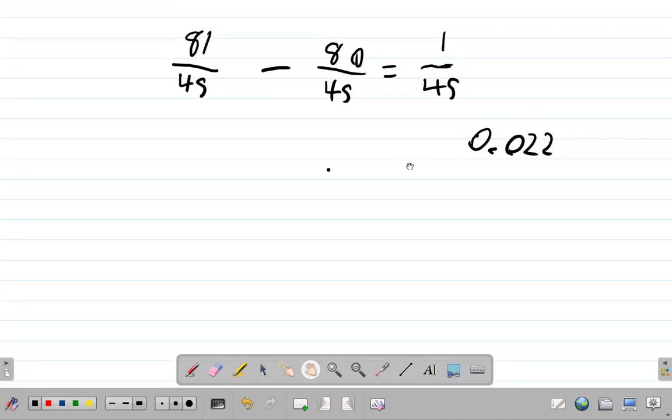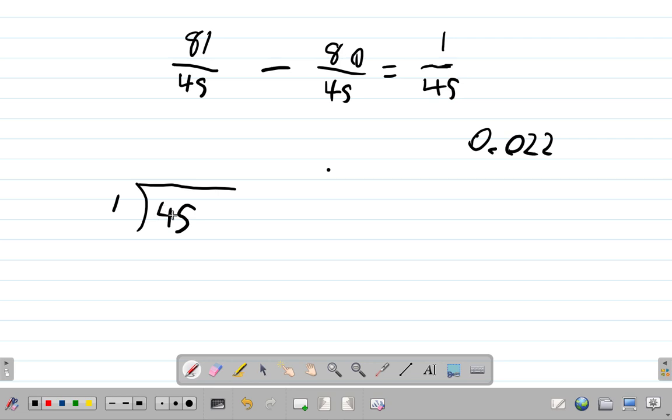Now we use our calculator, but suppose you're caught in a situation where you're told not to use a calculator. What would you do? Well, you could use long division and say 1 divided by 45. 1 into 45, right? 1 into 4.